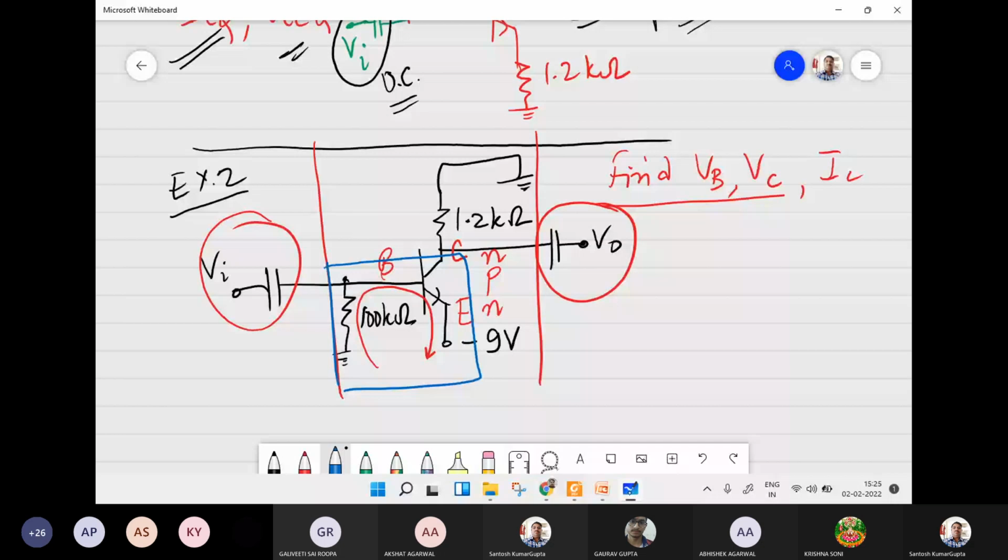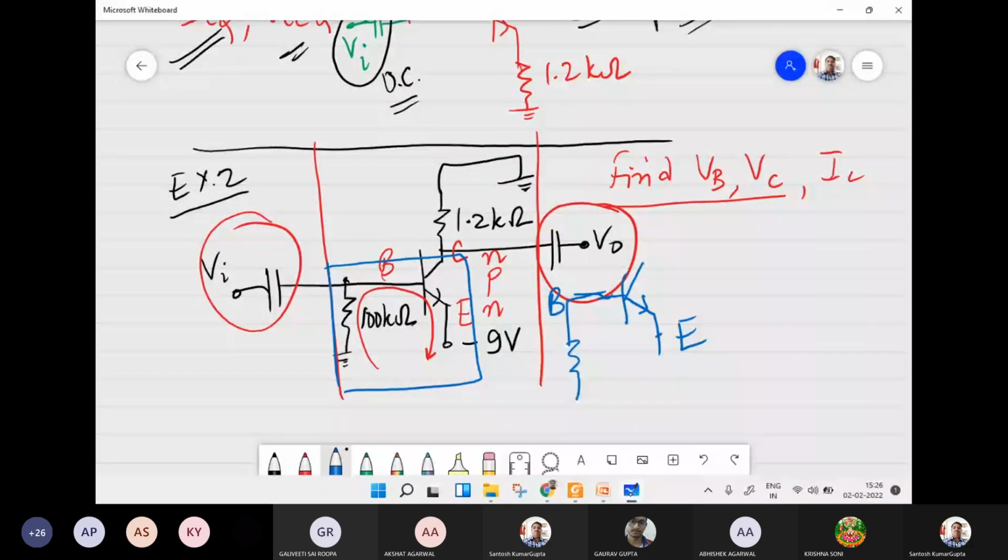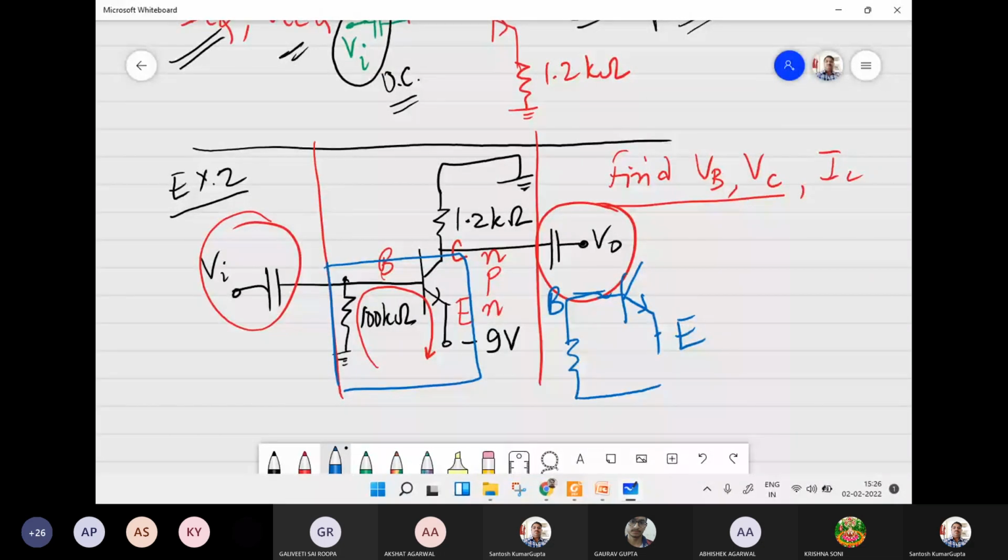So if we look at this base emitter junction, it means base is here, emitter is here, resistance is there, something like this, and here we have a voltage source like this, -9 volt at emitter. This side is P type and this is N type.